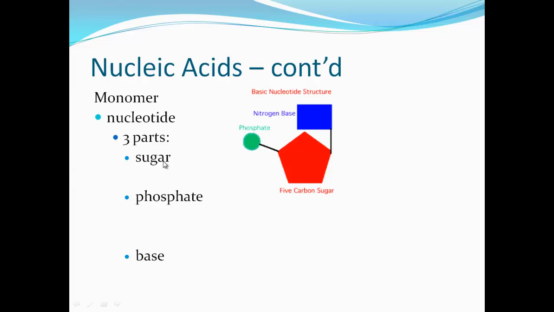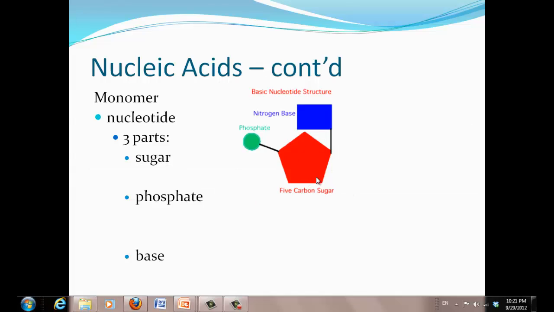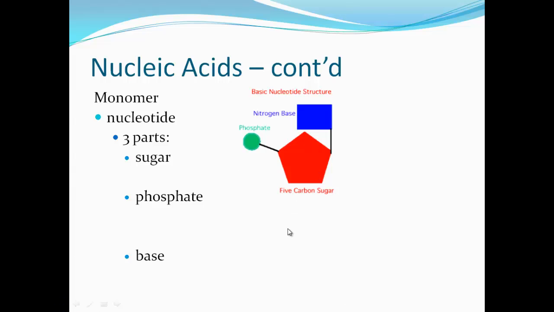Okay. Sugar here, 5-carbon sugar. In DNA, remember, it is called deoxyribose. Okay? And in RNA, it's just called ribose. We have a phosphate group. A phosphate is PO4, okay, it has phosphorus and oxygen.